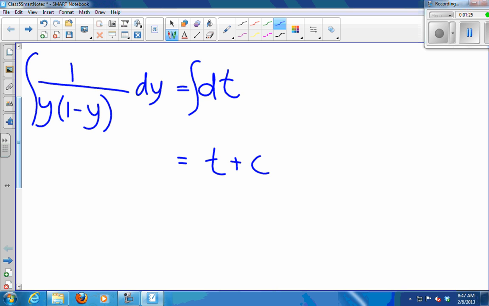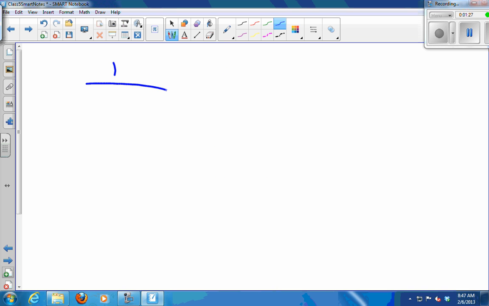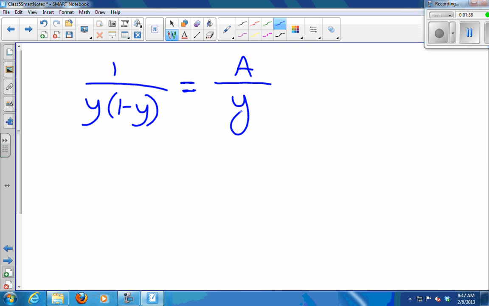So 1 over y times 1 minus y. Those are 2 distinct linear factors, which means that you can break it up into the sum of 2 fractions, a over the first factor plus b over the second factor. Then you multiply both sides by the LCD, y times 1 minus y.